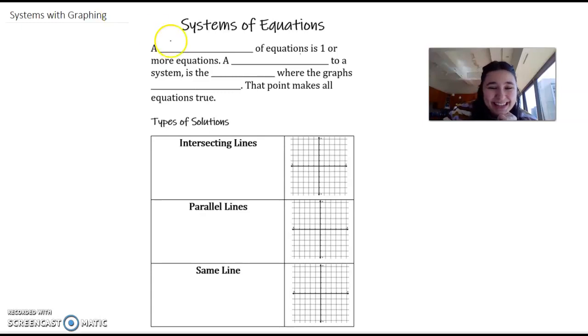So a system, it's going to be a little slow. Sorry about that. A system of equations is one or more equations. A solution to a system is the point.